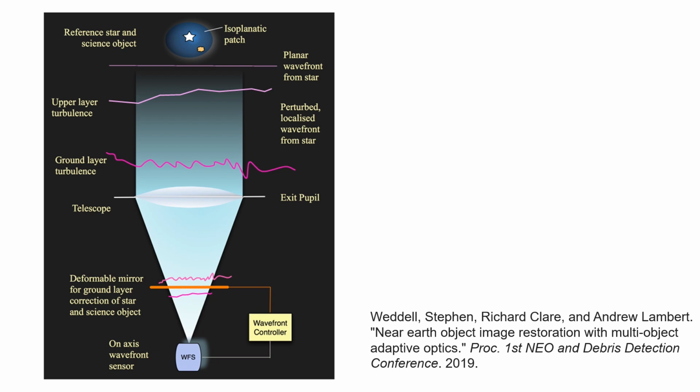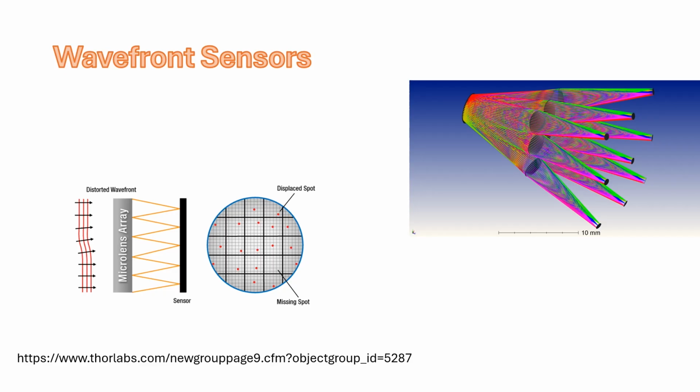To measure the distortion due to the turbulence, find the exit pupil basically, one uses wavefront sensors. And so here at the lower left you see a Shack-Hartmann sensor, which uses a microlens array to find the local tilt. This is assuming very weak modulation of the pupil function, so that the distortion would just have a simple wavefront tilt on the scale of several pixels.